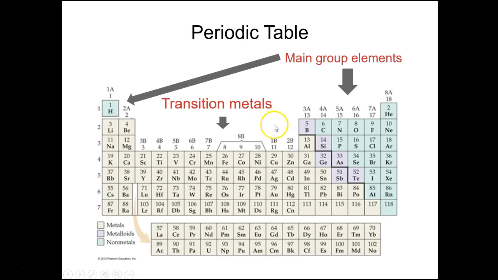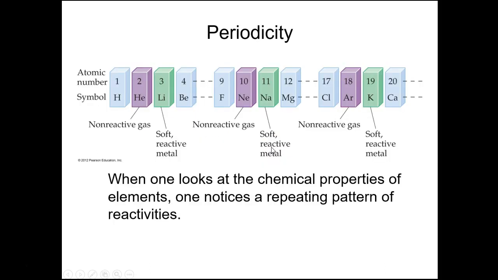We will talk about this in much more detail, but it's just useful to know that the taller columns, groups 1A through 8A, are called the main group elements, and this set here in the middle is called the transition metals.